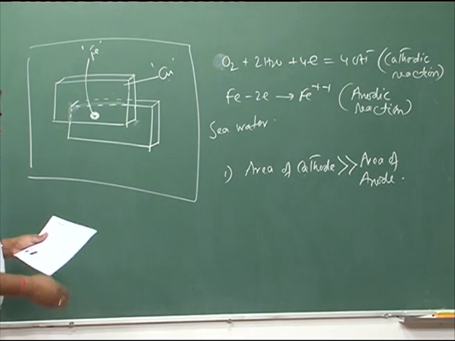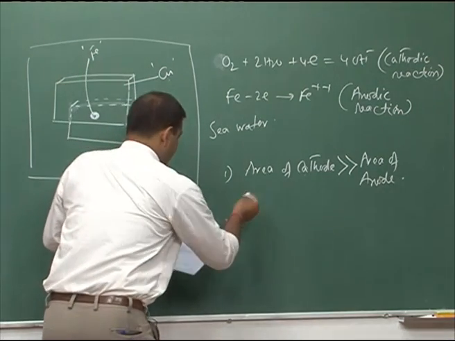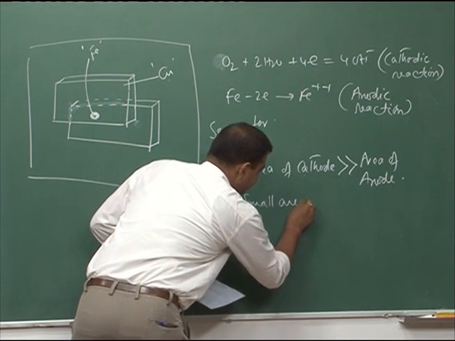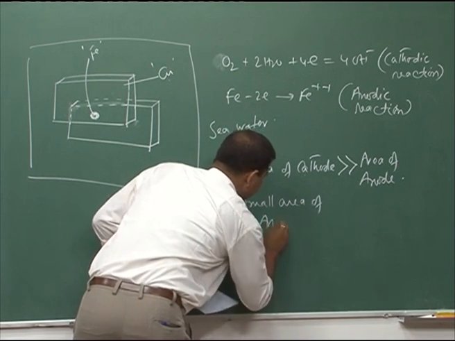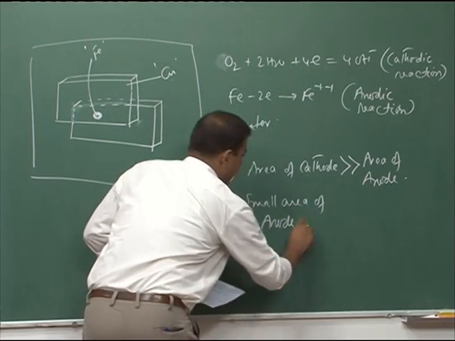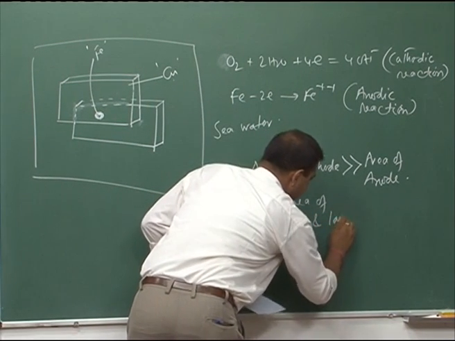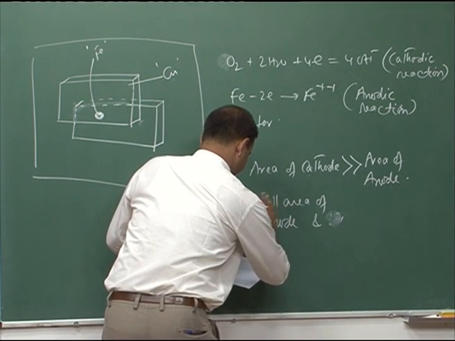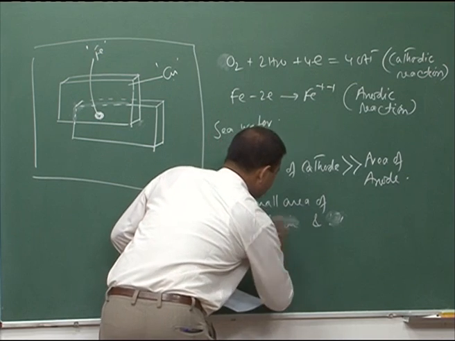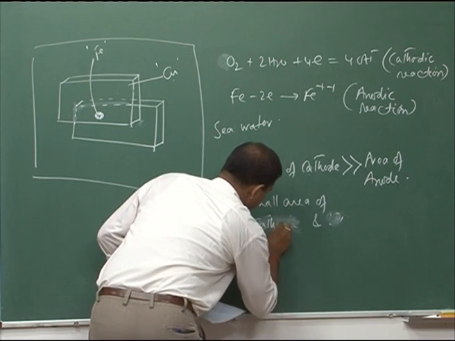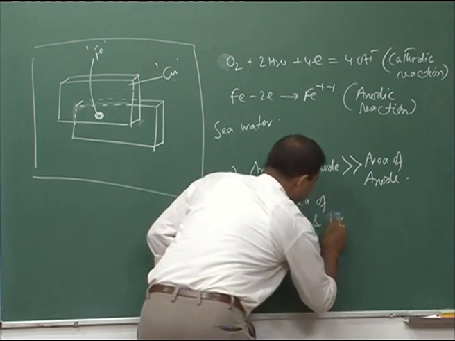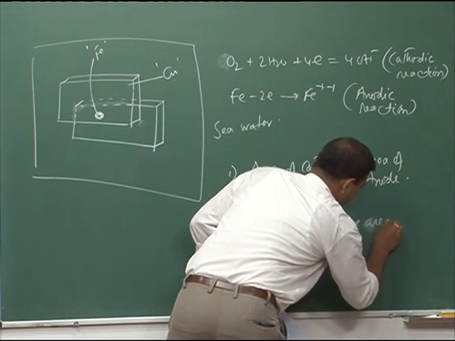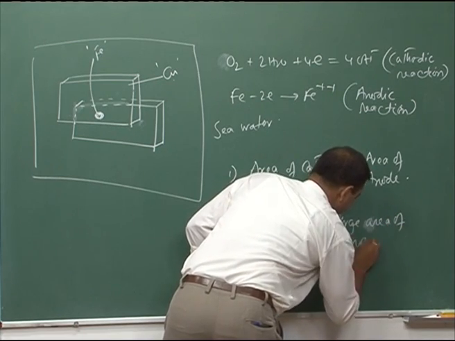Another observation is small area of anode and large area of cathode, or small area of cathode and large area of anode.